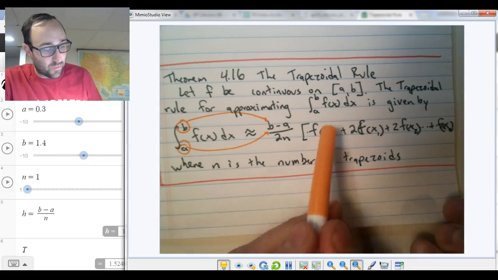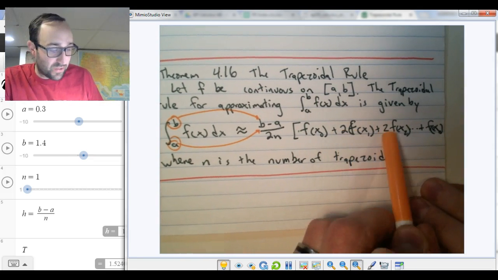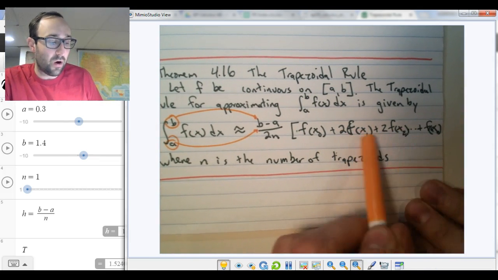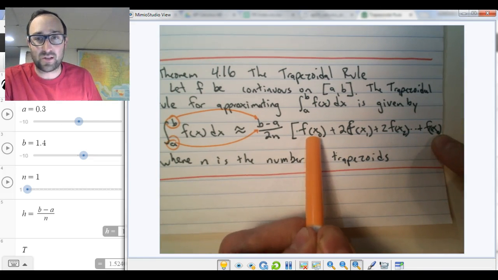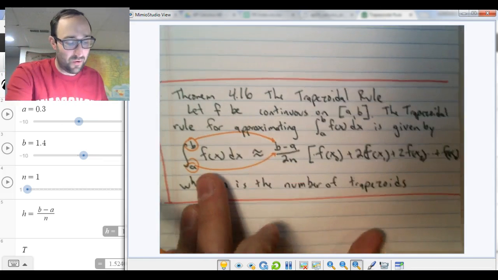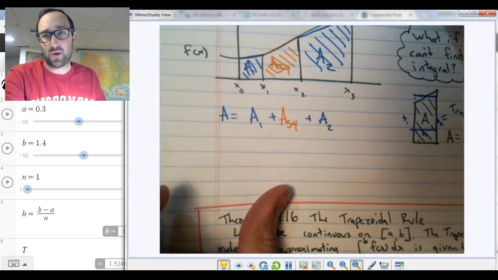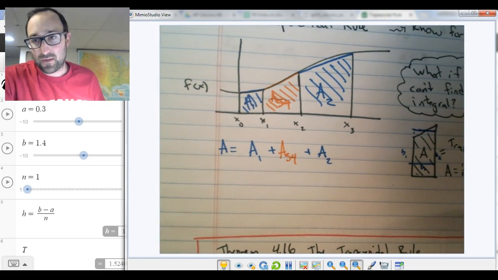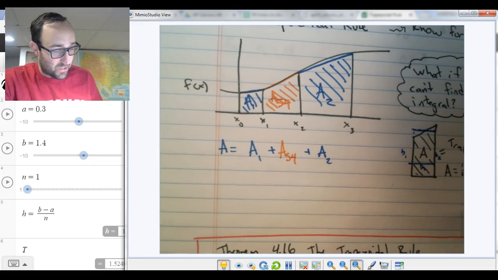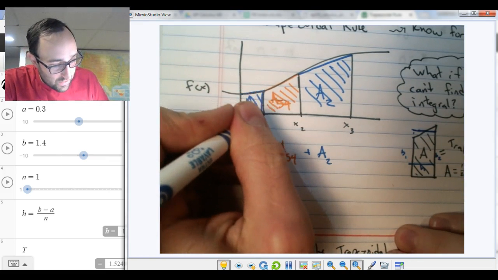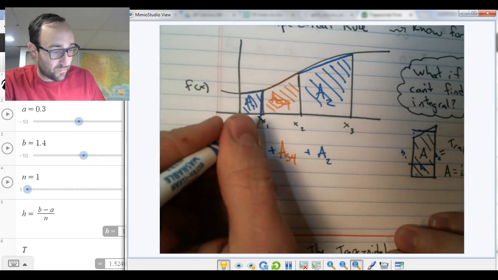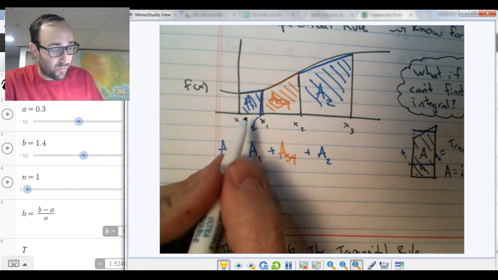The first one you only have 1, and then we've got a 2 here, and a 2 here, and all these 2's in all our middle terms. The only time I have 1 is at the first and last term. You say, well, why do I have to have 2 of them? That doesn't seem to make much sense to me, Mr. Bartman. Don't worry, kids, listen to me. On this triangle that was blue, A1, how many times did I have to use this height? Once, right? So I use that one for one of my bases.